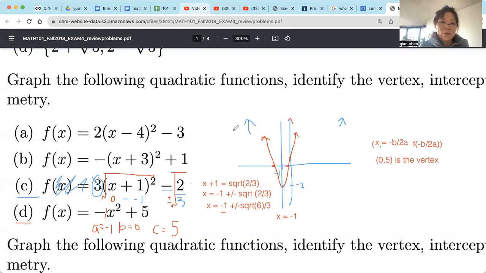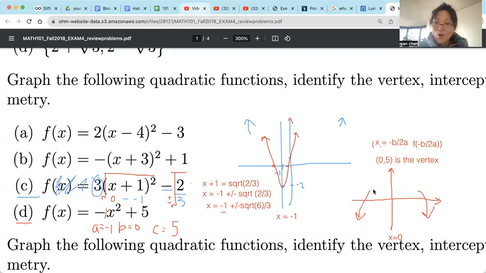So how do we graph it with all this information? Do we have roots yet? We don't have roots yet. So first, we have a downward parabola because a equals -1. Then the line of symmetry is the y-axis because x equals 0. x equals 0 is another name for the y-axis, and y equals 0 is another name for the x-axis.